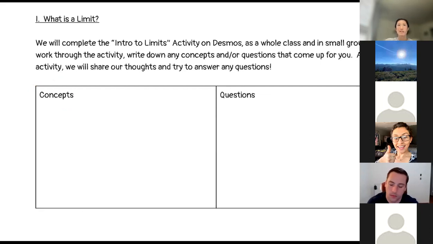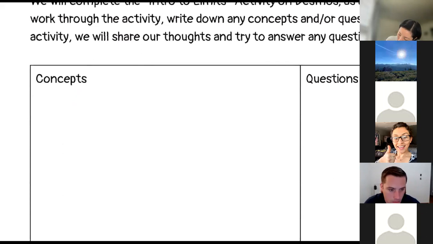It's an output value that a function is approaching for a certain given input. Okay, so can you say that one more time for me? Yeah, it's an output value that a function is approaching given a certain input.